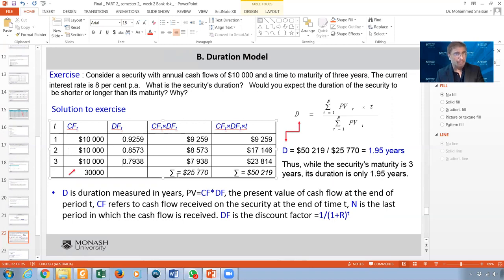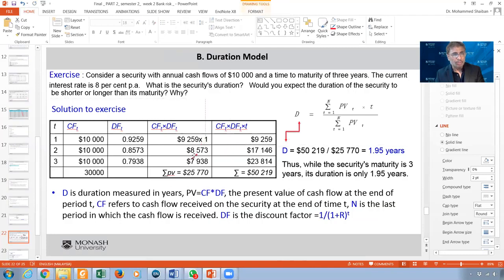Add them up, and this is the sum of all present values. Then I have to multiply each by the timing: here it will be times 1, here times 2, and then bring it to here.